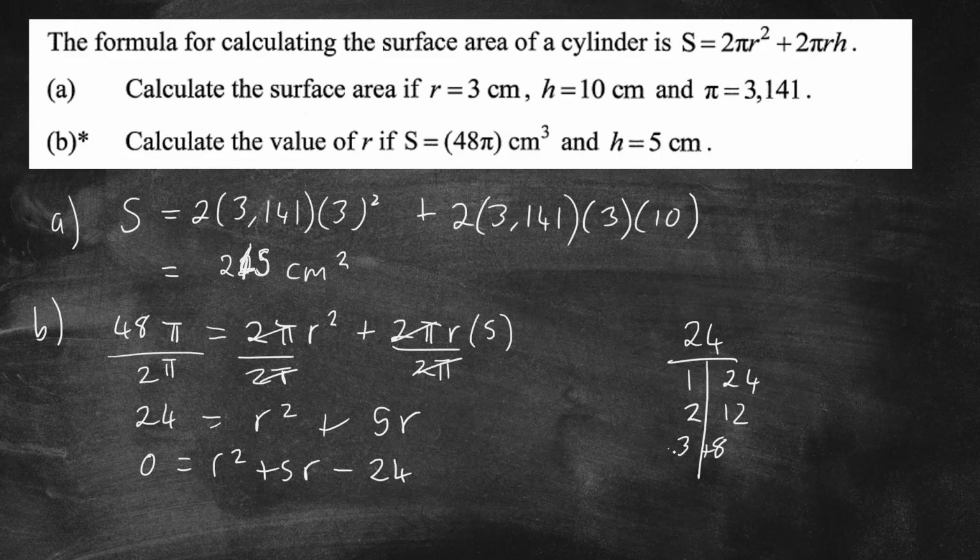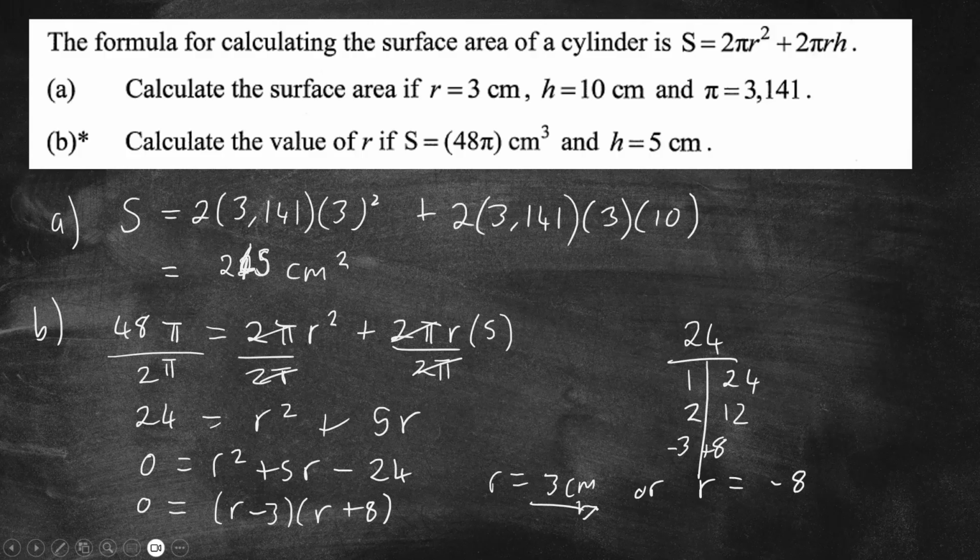So plus 8 minus 3. So 0 is equal to r minus 3 and r plus 8. And then solving for r, we have r is equal to 3 or r is equal to minus 8. Now, obviously, we can't have a negative radius, so the radius is going to be 3 centimeters.